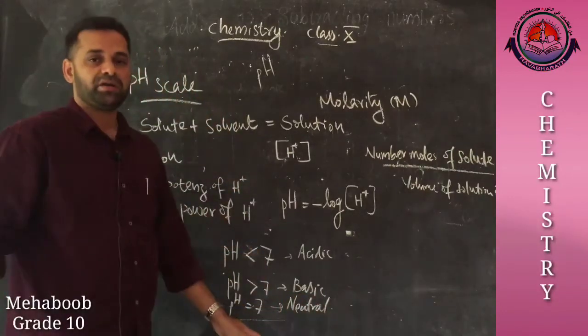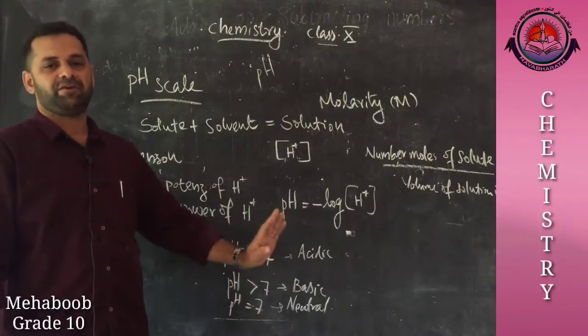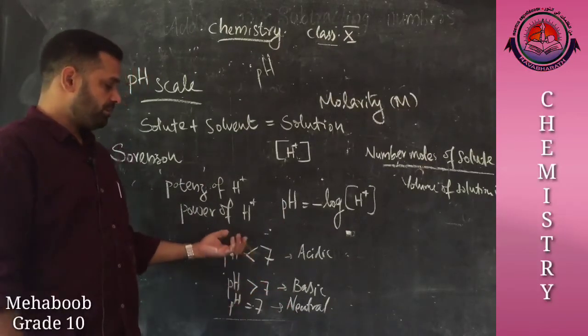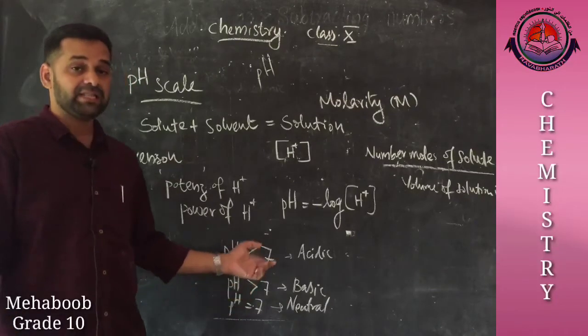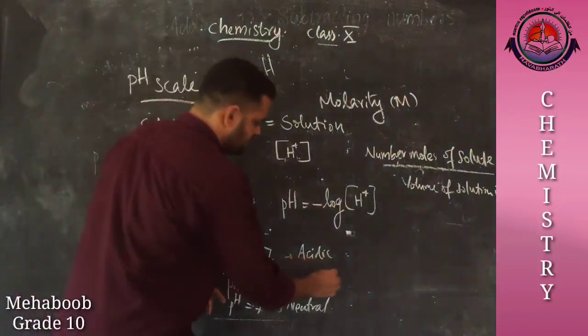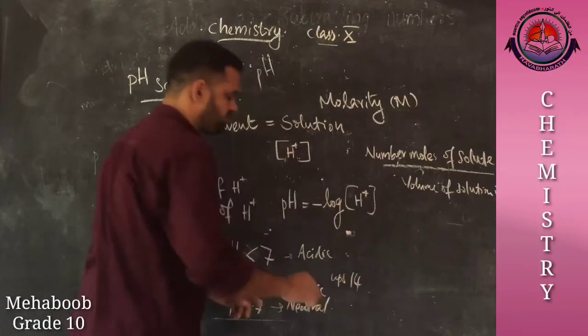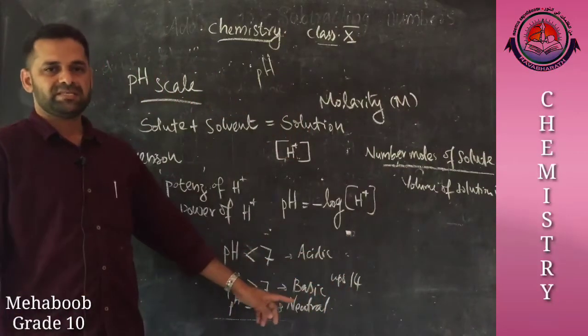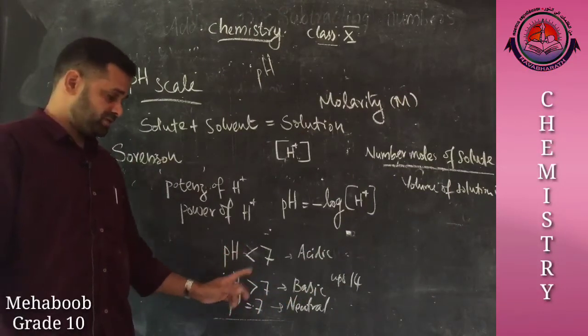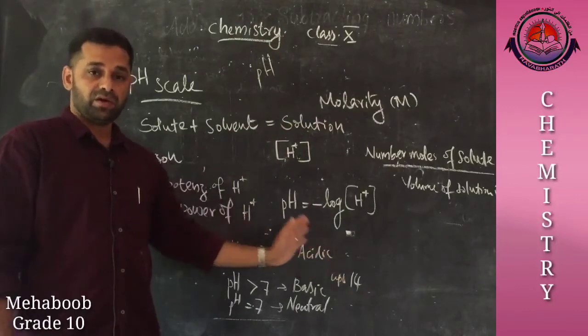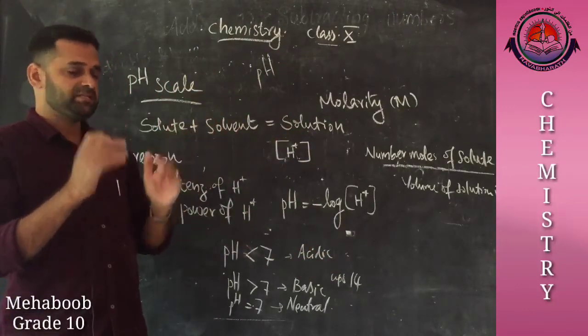For pure water, the value of pH is 7. So for neutral substances, the value of pH is 7. For basic substances, the value of pH is greater than 7, up to 14, that is 7 to 14. If the value of pH is greater than 7 and less than 14, that is basic in nature.